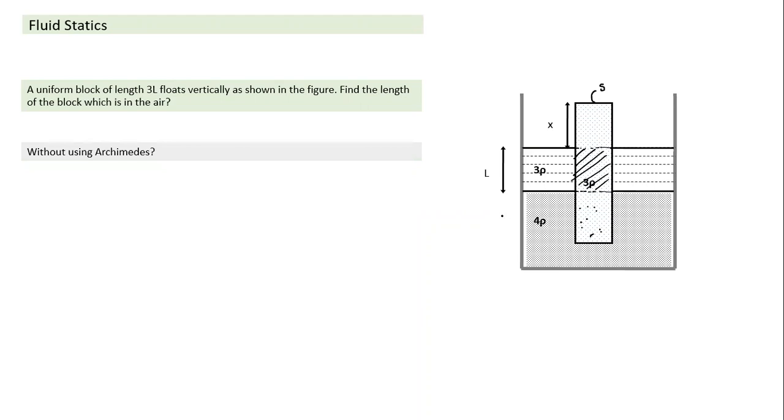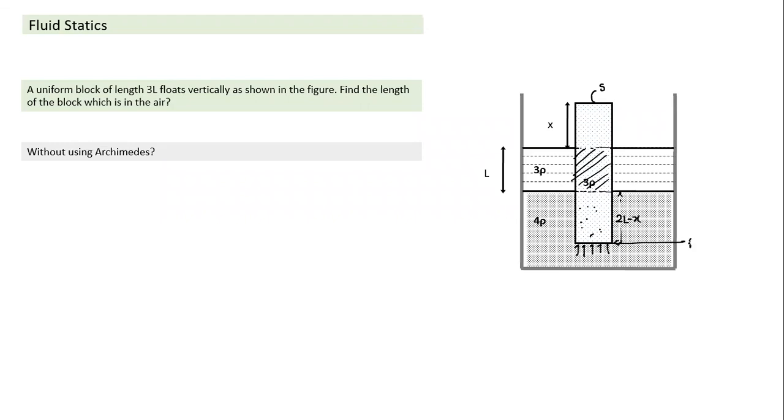We can also solve without using Archimedes principle. That is also sometimes useful. Let's say the height in air is x, this part is L, and the total is 3L. So the submerged part in the lower liquid will be 2L minus x. This is the depth. Is it possible to calculate the pressure at this level?